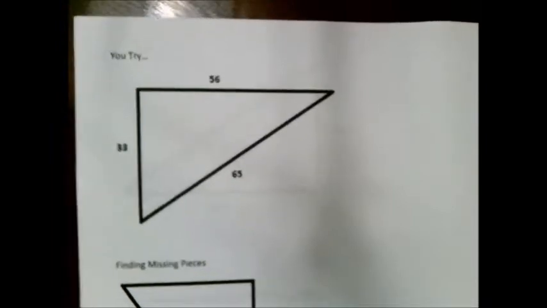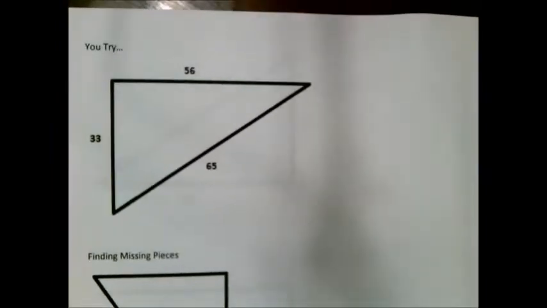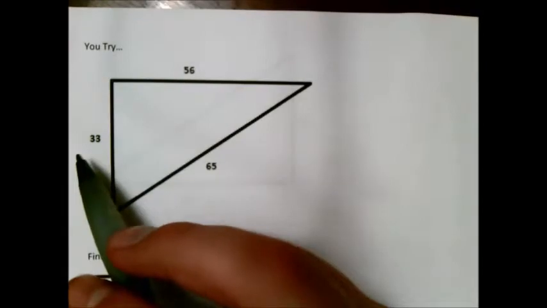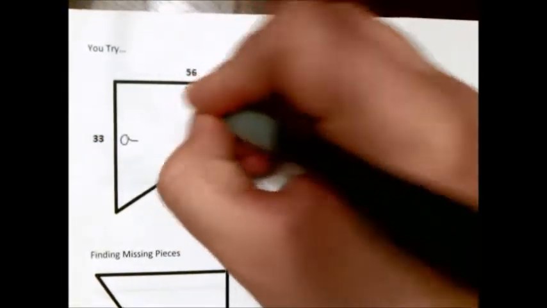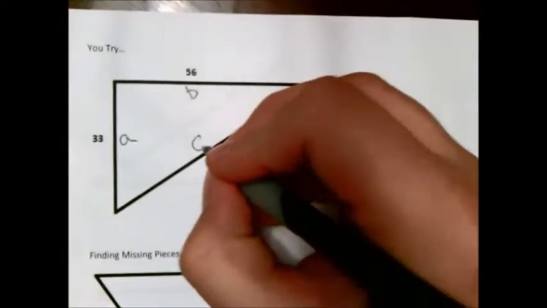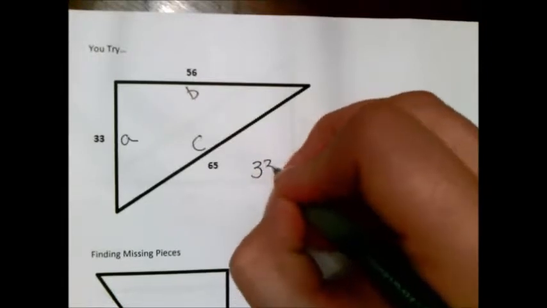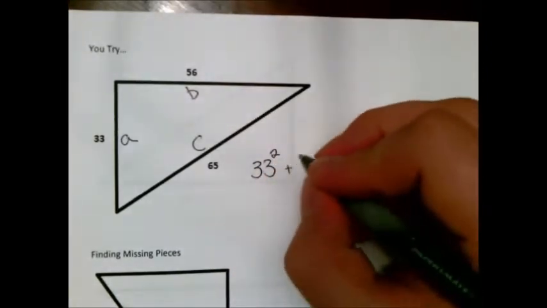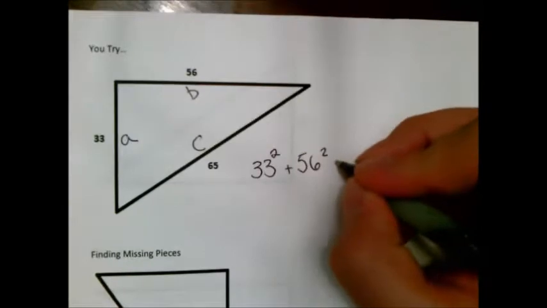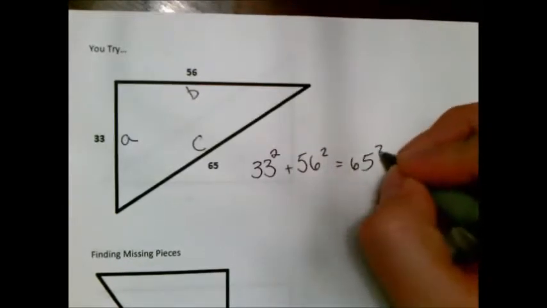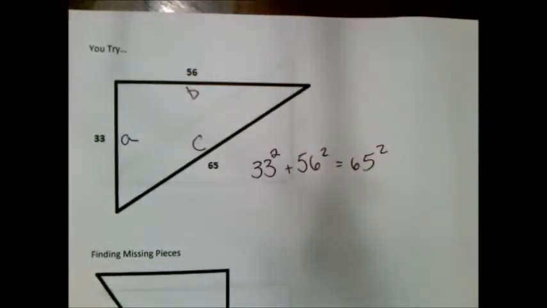Alright, so let's go over this together. The two smaller sides are 33 and 56, so this is my A and my B, and my longest side is 65, which is C. So what we're saying is we need to see if 33 squared plus 56 squared equals 65 squared. Well, let me get my calculator out because I don't know what 33 squared is.